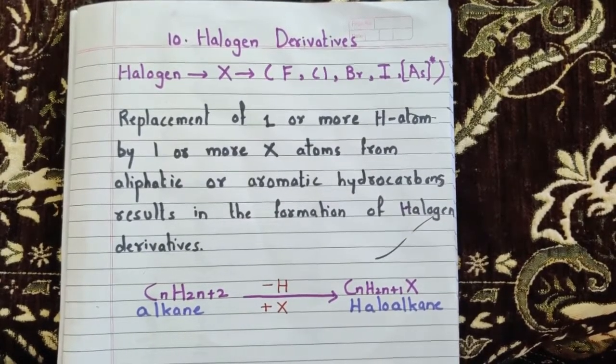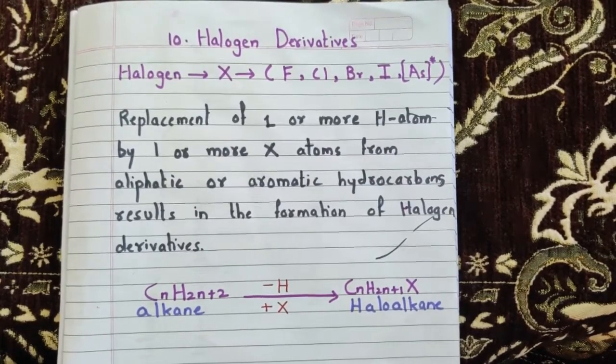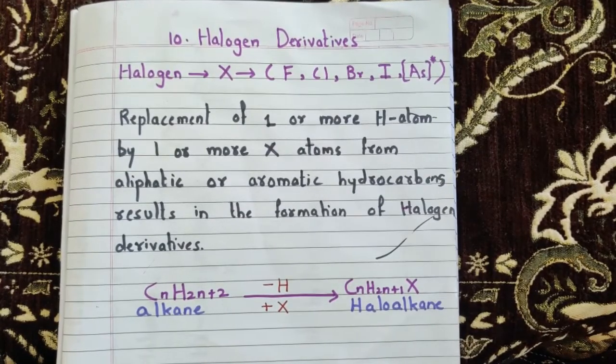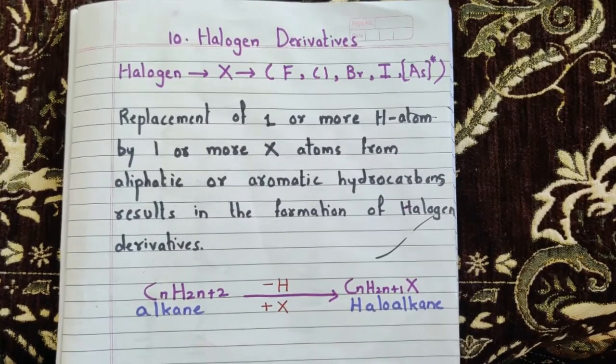Substitution is replacement of one or more atom by other atom or group of atoms. In the same way, if you do the substitution of a halogen to an alkene, you will get haloalkene. If you do it to the alkyne, you will get haloalkyne. And if you do this to an aromatic compound, you will get haloarenes.